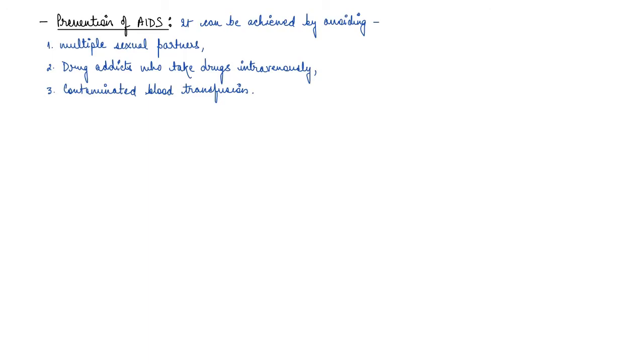One of the major causes of AIDS is having multiple sexual partners, right? And if you're not taking proper precautions while having sex, so that is why it is said that one should avoid having multiple sexual partners.